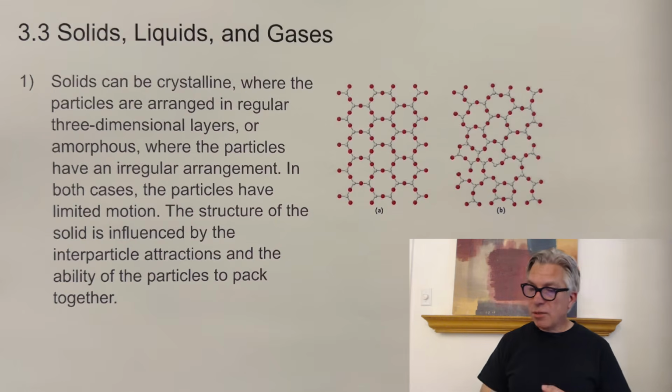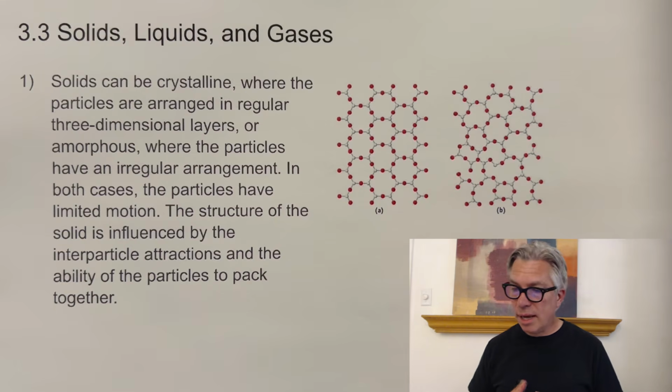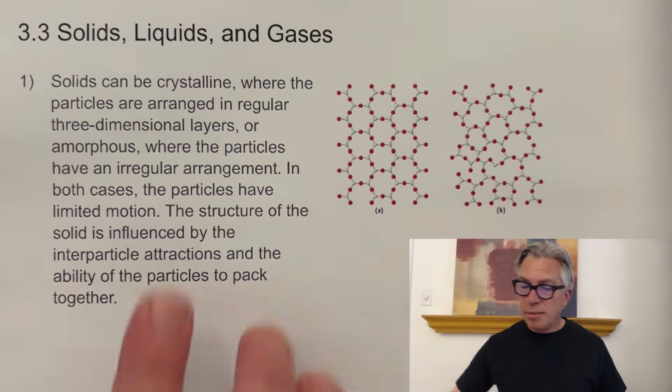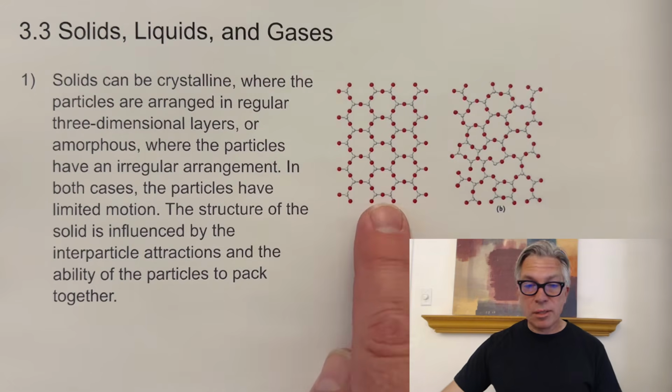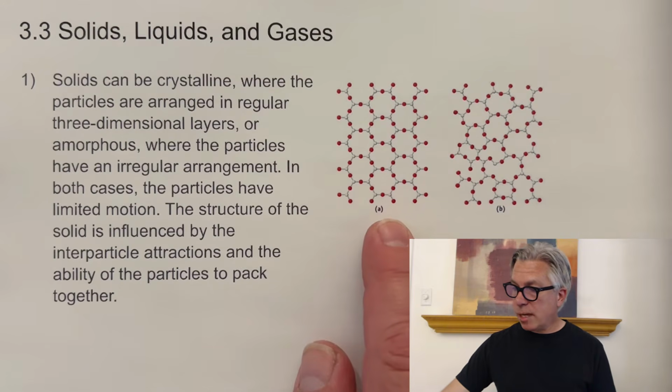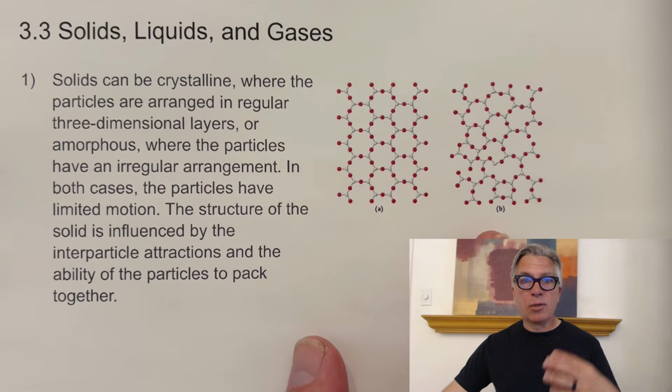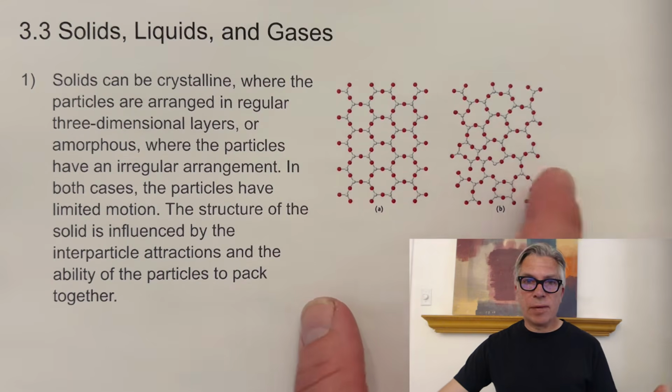Next, we have section 3.3, solids, liquids, and gases. So we're going to start here with solids, which can be crystalline, where the particles are arranged in regular three-dimensional layers, like in an ionic compound or maybe a metallic solid sometimes. But they could also be amorphous, where the particles have no regular pattern. They're kind of randomly dispersed.